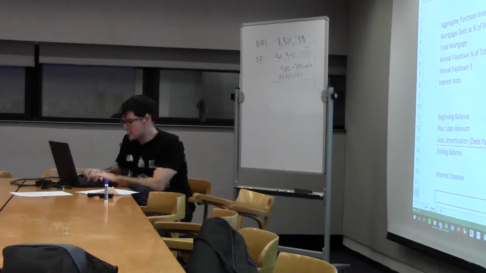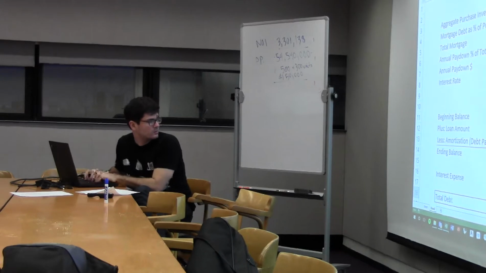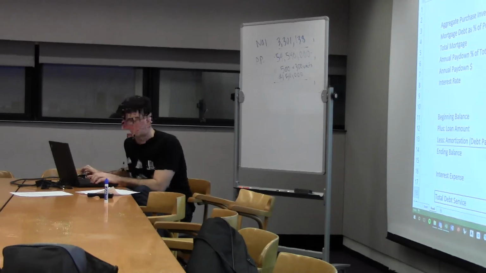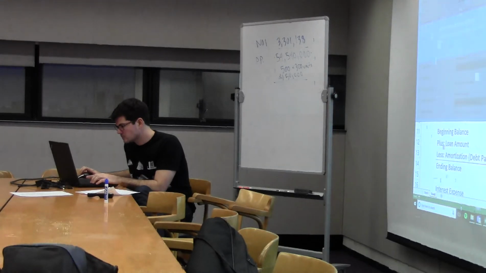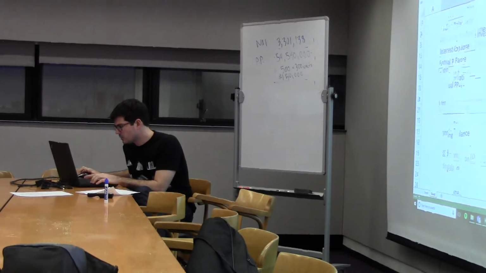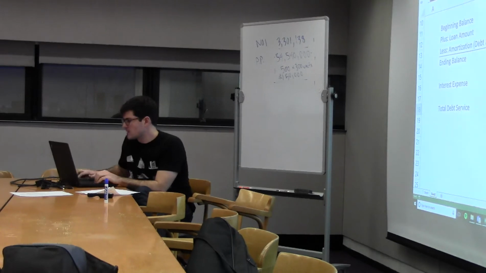And so total debt service is going to equal the amortization that we pay down plus the interest expense.